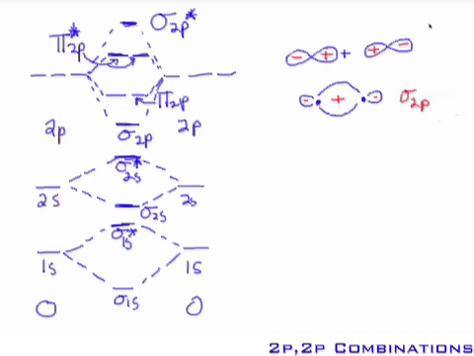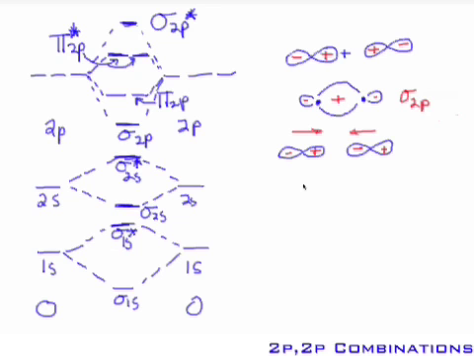What happens if we combine these two out of phase? What happens when one 2p hits another 2p, and if this is plus, that one's minus? So when they come together, what happens when they're out of phase? Well, the region between the two nuclei leads to an interference pattern where the probability of finding the electron decreases.